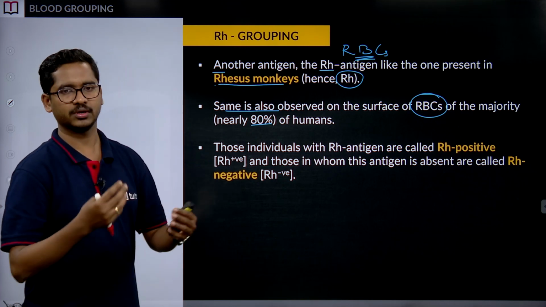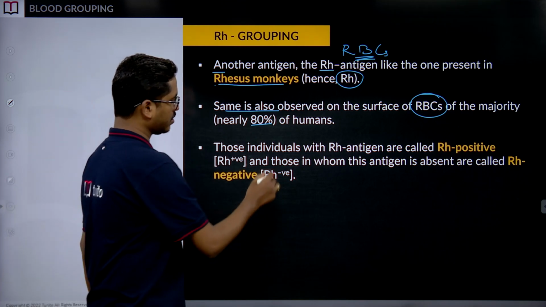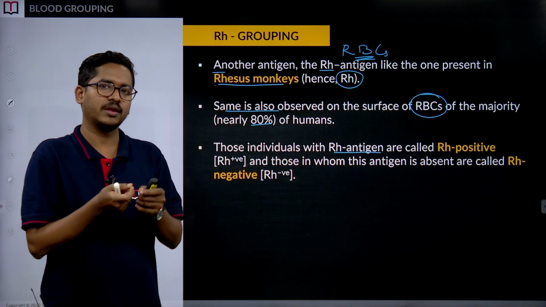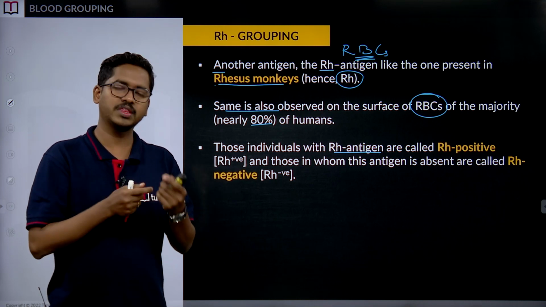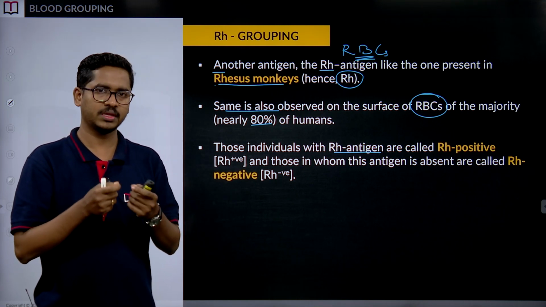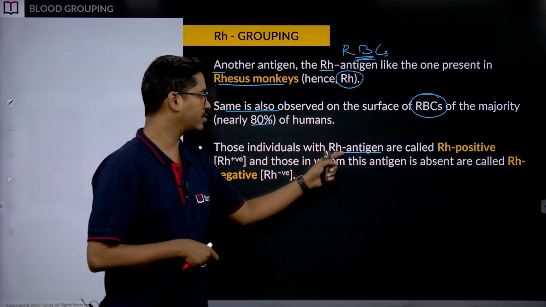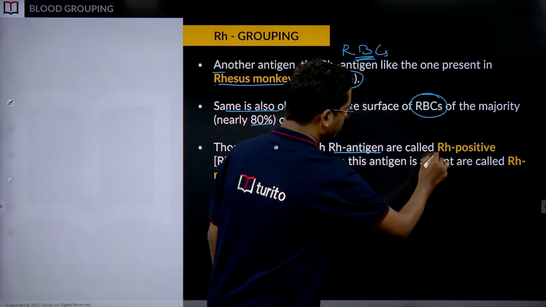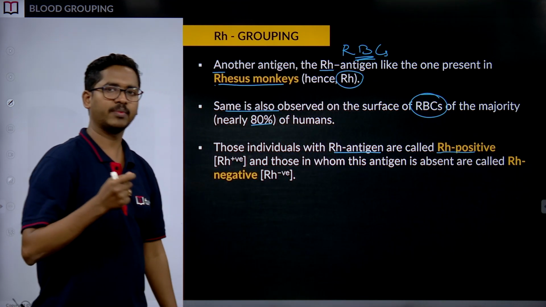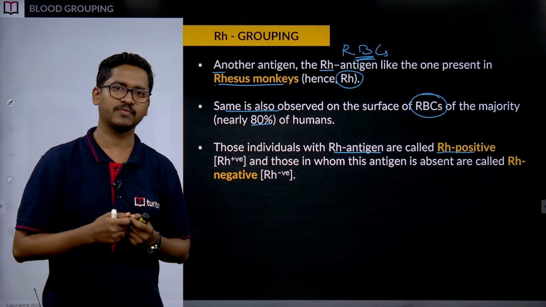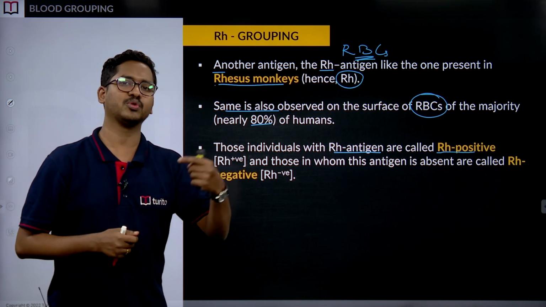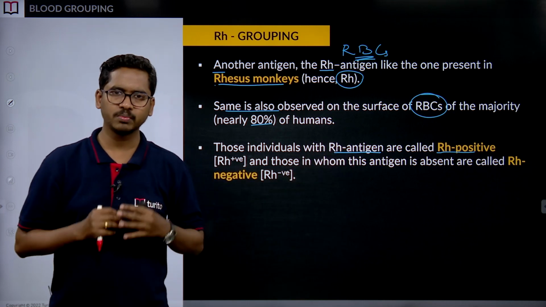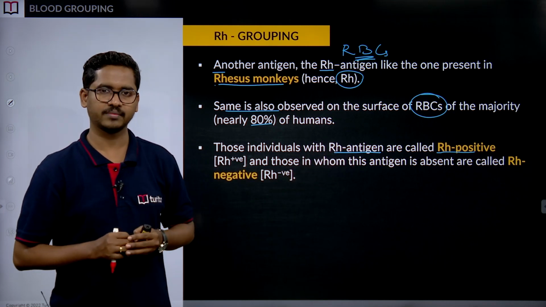Then they later understood that whichever antigen is found in the rhesus monkey, they call it the RH antigen. If it is present, then the person's blood group is said to be so and so positive. Let us say blood group A, and if the surface of its RBCs has this antigen, then we call that blood group A positive.